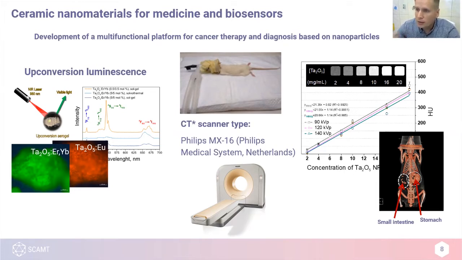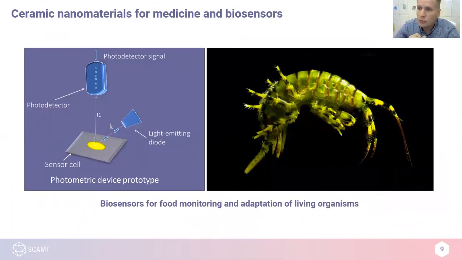And next slide, this approach we use for preparation of different types of biosensors, for example, for food monitoring, for monitoring of adaptation of living organisms, and others. And next slide.